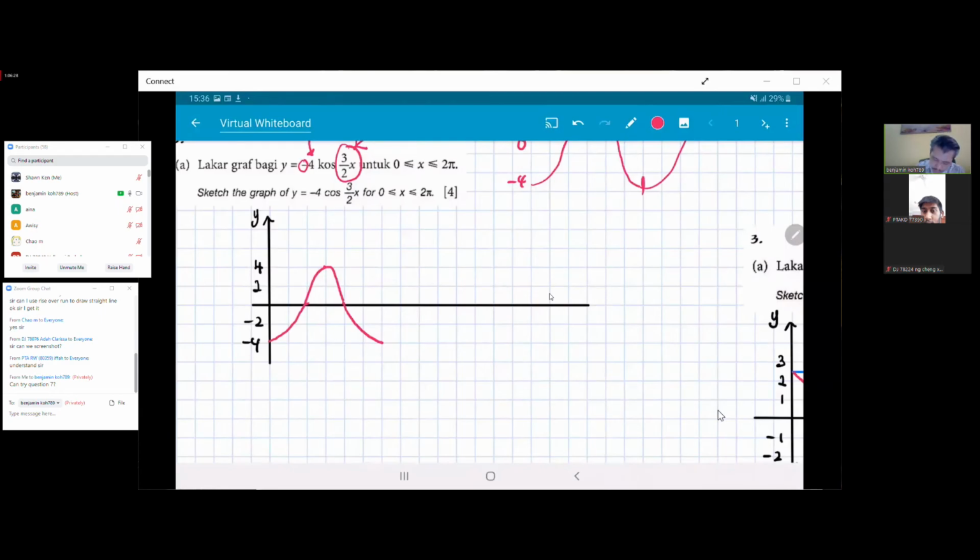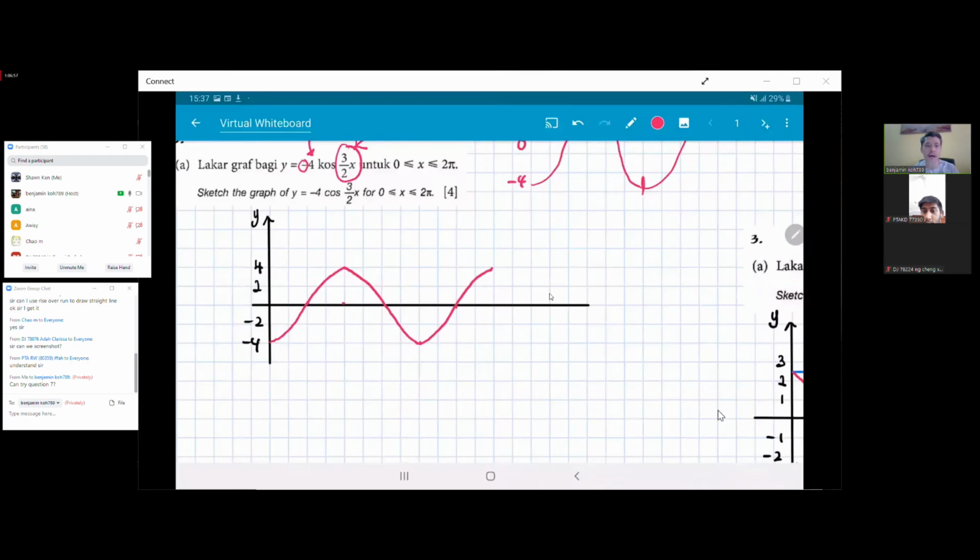It's not supposed to be here. It's supposed to be here, here, and here. Yeah, this looks much better. Okay, so your graph is supposed to look like this. This is 1 and then half. So half would mean your graph will sambung here and goes up to there. So yang ni 1/2. Okay, 1.5 graph.